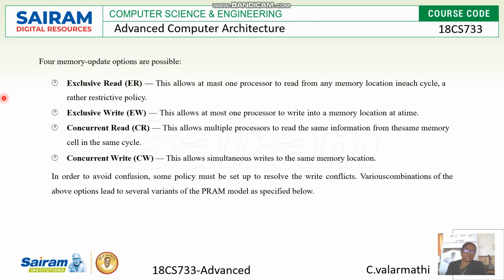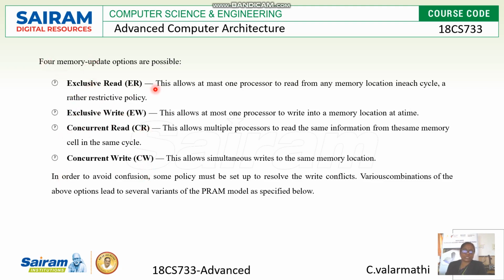When you move on to its memory options, there are 4 different memory update options available in PRAM. What are those? First one is ER, second one is EW, third one is CR, and fourth one is CW. What is the meaning of ER, EW, CR, CW? These are exclusive read, exclusive write, concurrent read, concurrent write.